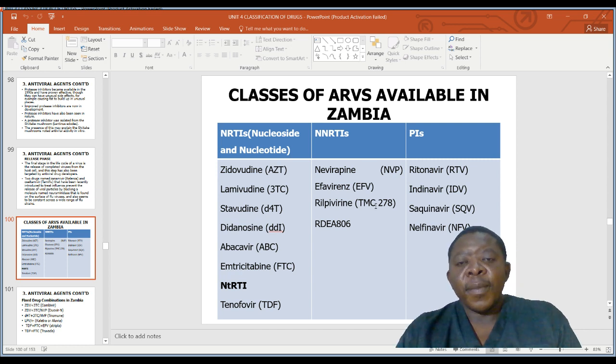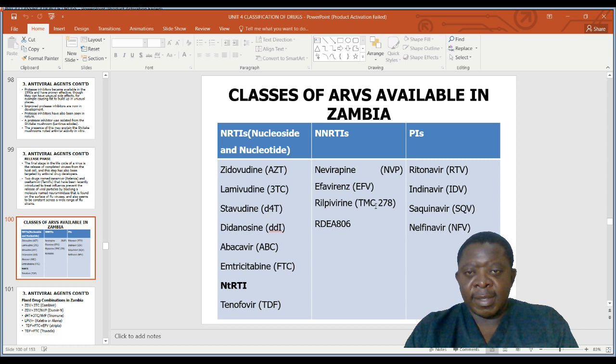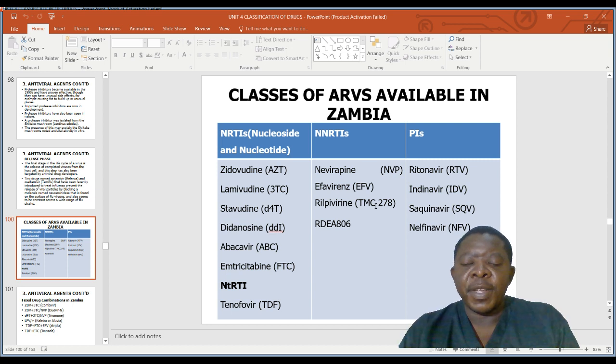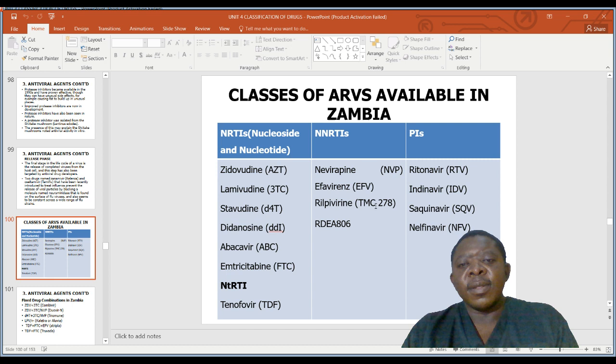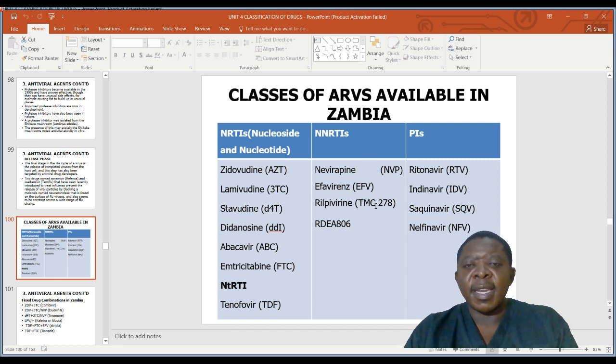Then we have NNRTIs. On NNRTIs, we have nevirapine, efavirenz, and delavirdine. So we have a few drugs there. You can remember them by EN, that is efavirenz and nevirapine.